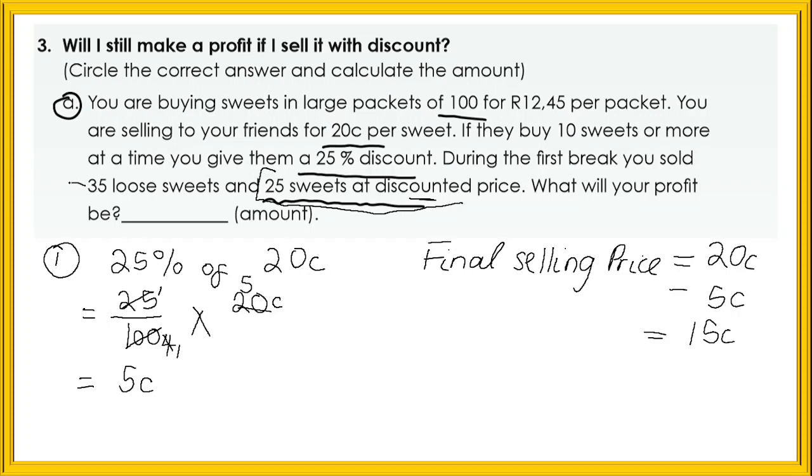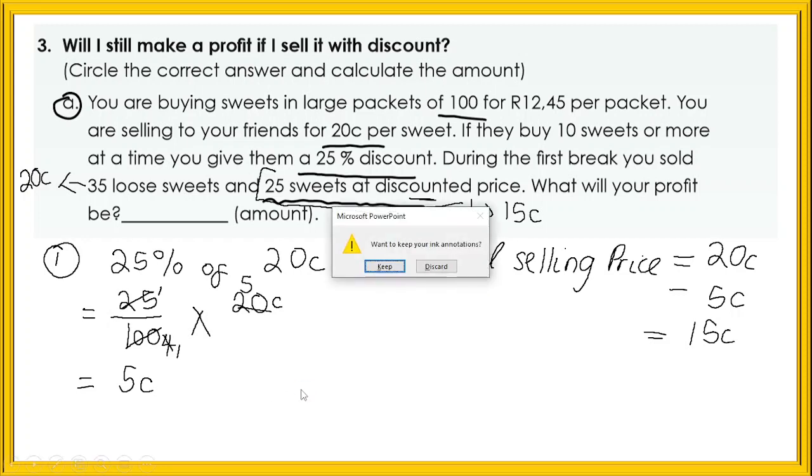For the 35 loose sweets, you are just selling them at 20 cents each because you're not giving a discount. Now for the 25 sweets at a discounted price, you're selling them at how much each? 15 cents. Okay, so which means, do I have space? Yes. Let me make space a bit.